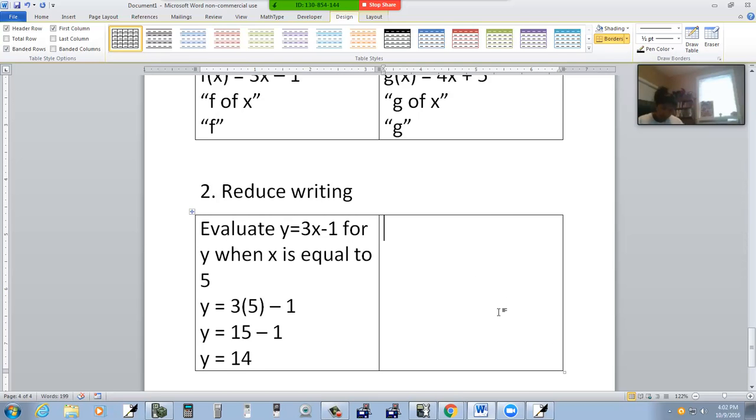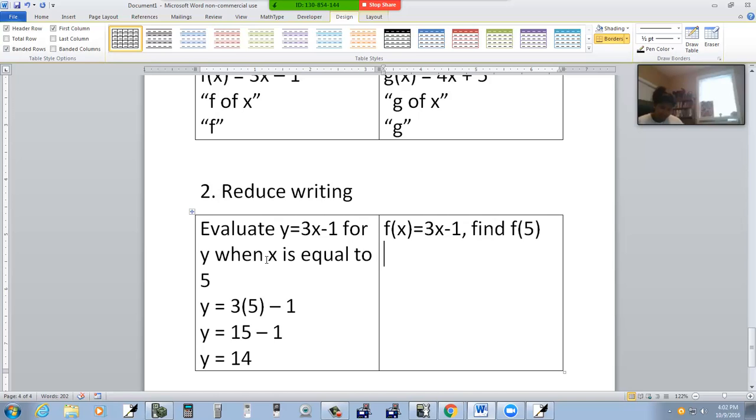Now, instead of writing all those words down, we can simply say f of x is equal to 3x minus 1, and then say find f of 5. That notation says the exact same thing as these words over here. It's just a very concise way to write that.